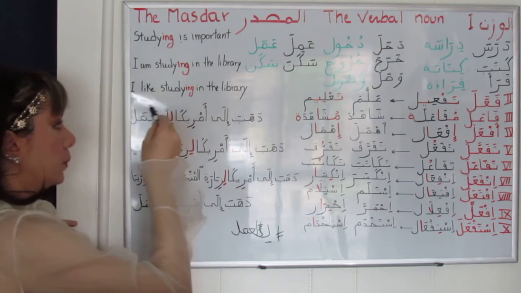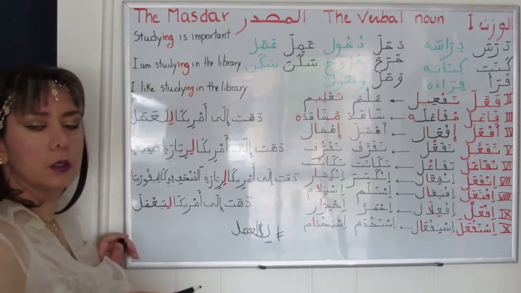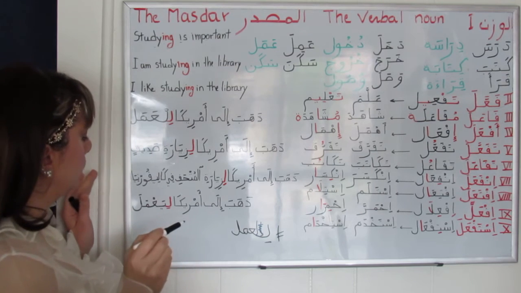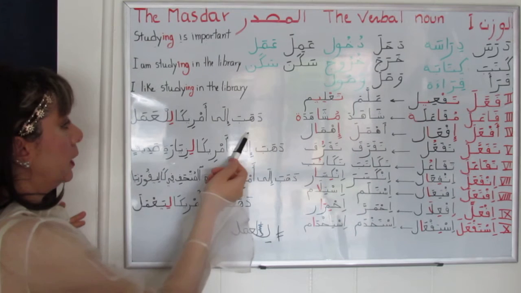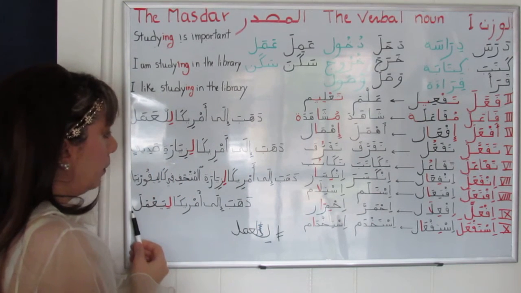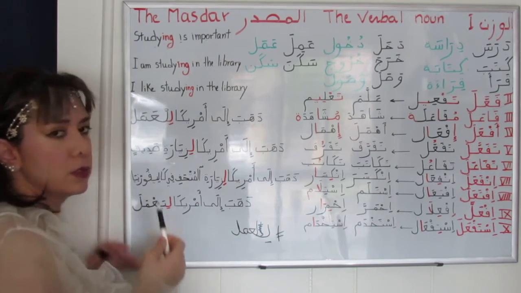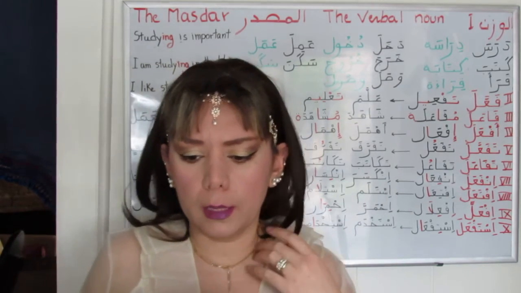So either way would work to mean the same thing. For example, ذهب إلى أمريكا للعمل or ذهب إلى أمريكا ليعمل. It has the same meaning. So he went to America to work.